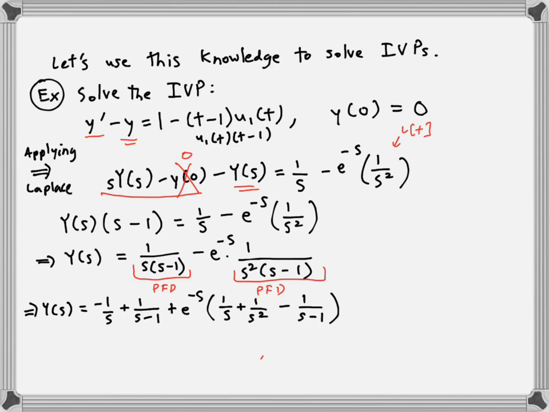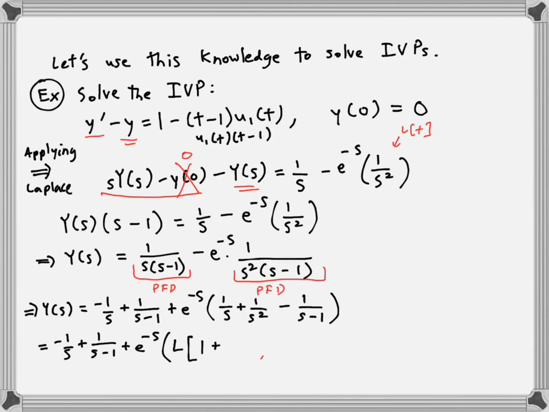So this is equal to negative 1 over s plus 1 over s minus 1 plus e to the negative s times. So first, 1 over s. 1 over s is just the Laplace of 1. What about 1 over s squared?